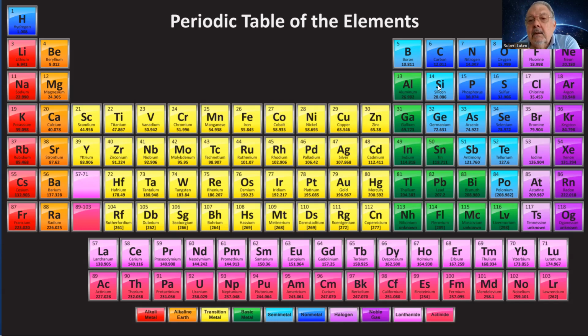And we get up to the light blues, which they're calling semi-metals. And these are what we actually use to make semiconductors. Silicon being the most basic one. But we have things like boron and arsenic and antimony, phosphorus that we use to what we call dope the silicon to give it a positive or a negative charge.